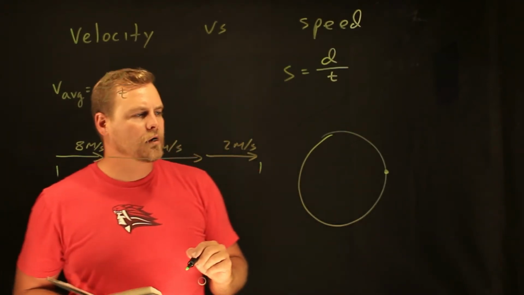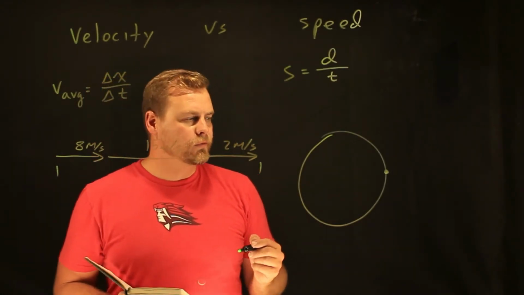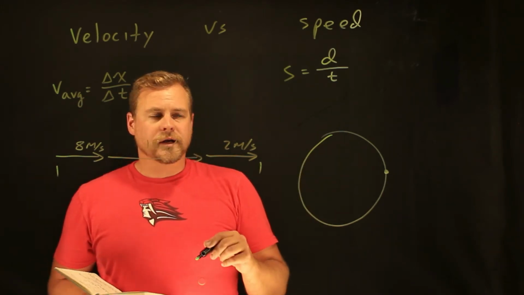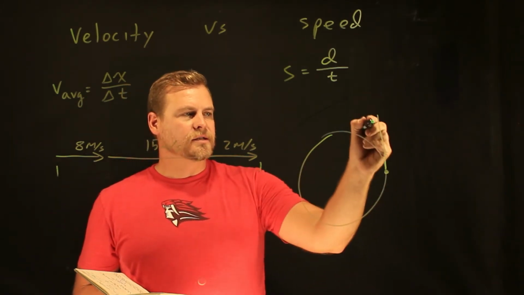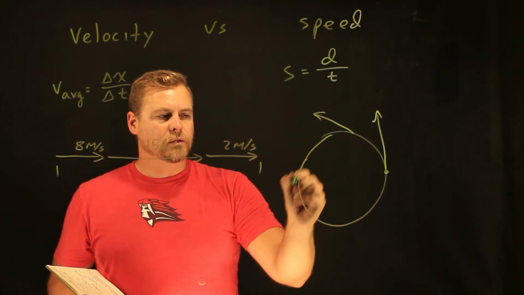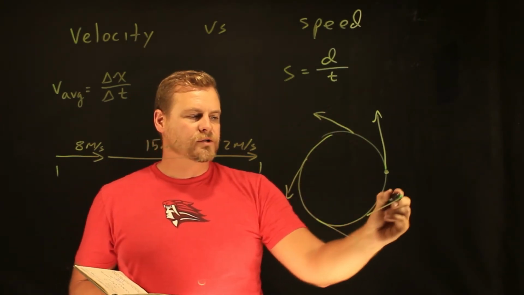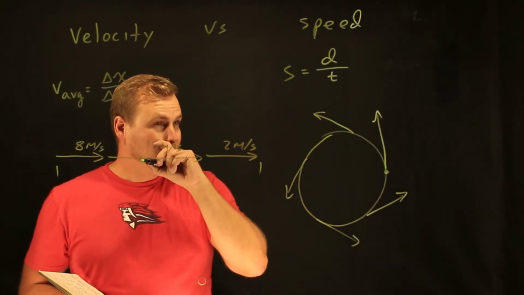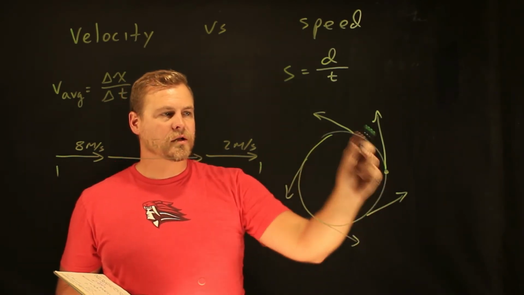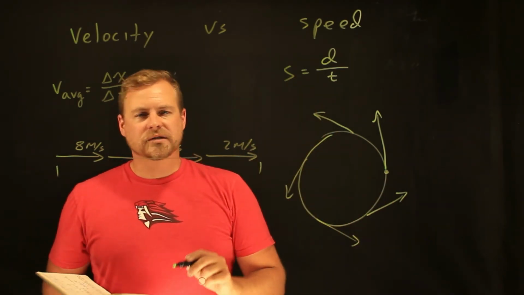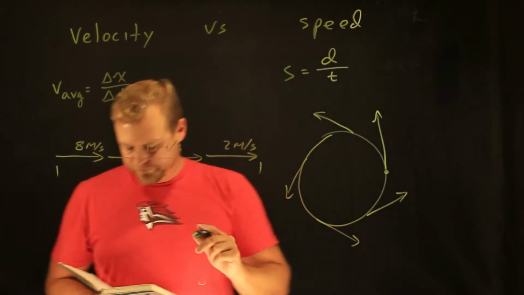If you ever watch NASCAR on TV, you watch cars go around in a circle for 3 hours, you're looking at speed because their velocities are changing. They're pointing their car in different directions all the time. So it doesn't make sense to calculate all these velocities. We just focus on speed going around the racetrack.